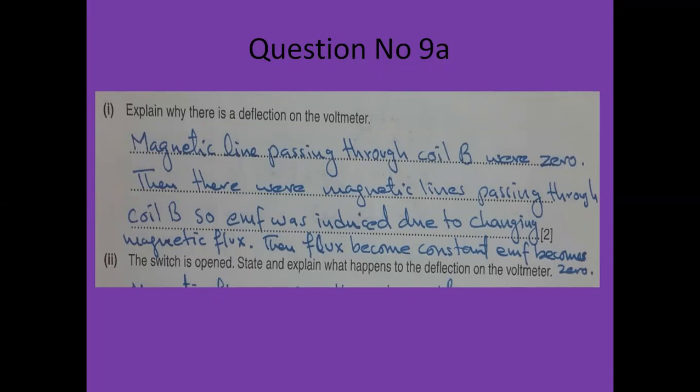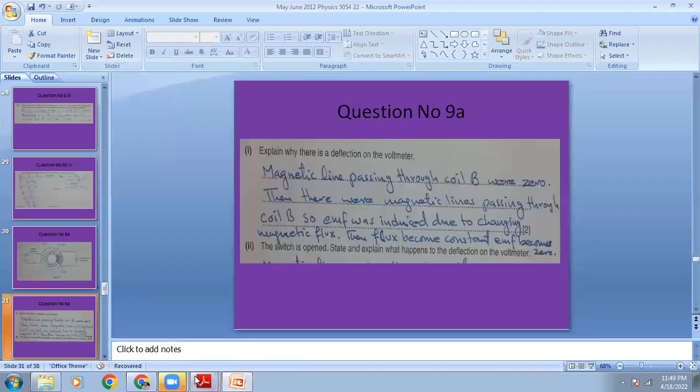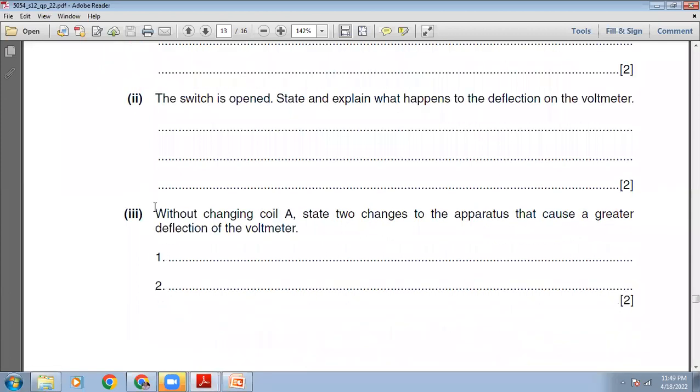Then the flux becomes constant, and the EMF induced in coil B becomes zero. That's why the voltmeter will show the zero reading. So I hope you understand. Okay, let me show you the marking scheme.